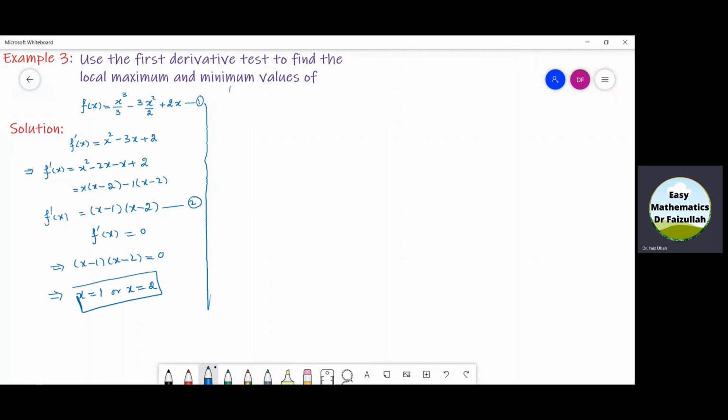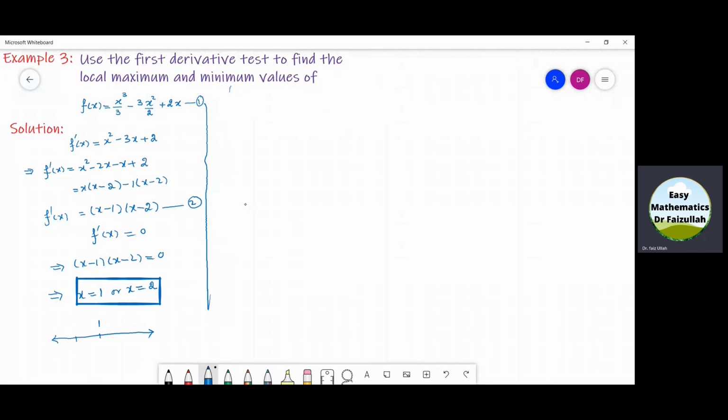And now we have to find the local maxima and minima at these 2 points. Let us consider the first point, x is equal to 1. So we must indicate that number on a real line. Let us say this is 1.